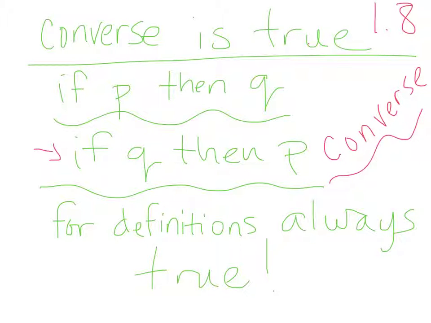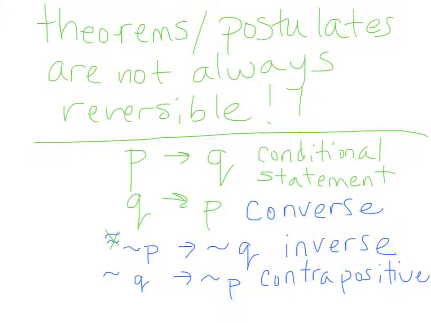So for definitions, you already said this, converse is always true. And theorems and postulates are not always reversible, right? That's important. So if P then Q is called a conditional statement, right?